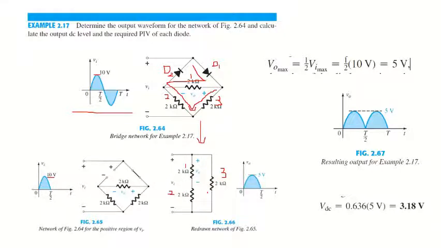So for the positive half cycle, we are getting the potential V0 at resistor R1, and these two resistors are in series. Both have the same value, 2 kilo ohms. This means that the maximum applied voltage is 10 volts. So 5 volt will be dropped here and the remaining 5 volt will be dropped here.